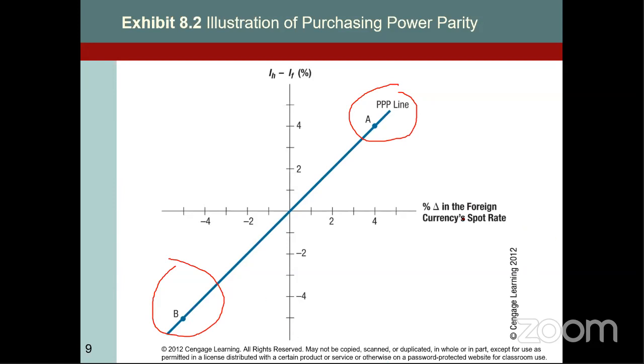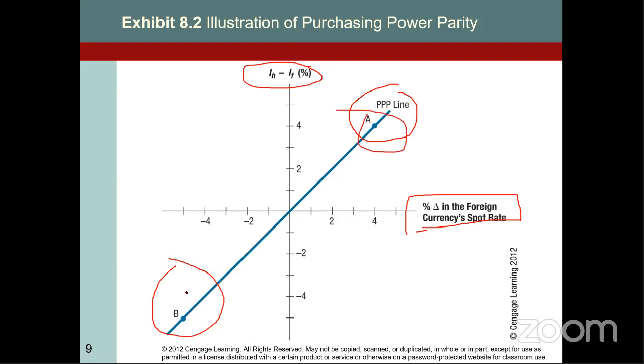You have a delta change in foreign currency spot rate. The higher the currency spot rate, the lower your money's value. If you have a higher inflation rate than foreign, then the value of the foreign currency is increased, this A side.